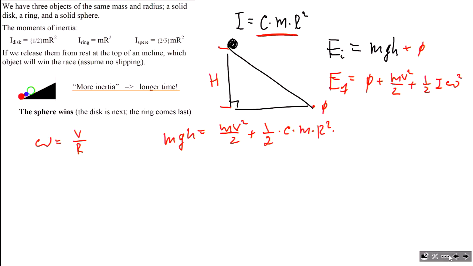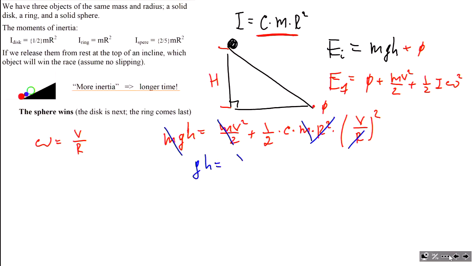So we can replace angular velocity with this ratio, linear velocity over radius, which makes our life much easier. Turns out we actually don't really need to know the radius, because in the last expression it will be cancelled. So what can we cancel? Mass, mass, mass. Radius squared. What's left?